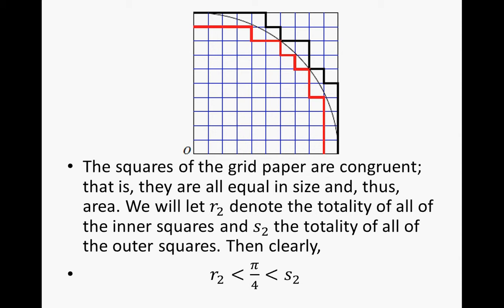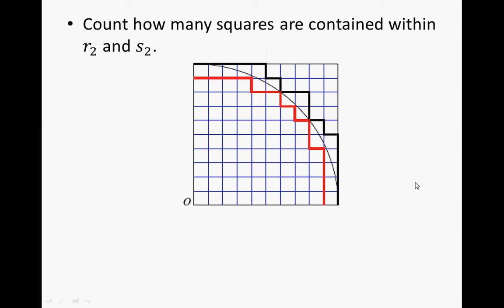Remember, that's 1/4 pi. If pi is the area of the unit circle, then 1/4 pi is the area of this quarter circle. And instead of just calling it 1/4 pi, we're going to do pi divided by 4. And that's going to be less than S sub 2, which is all these black squares, or all the squares up until the black border.